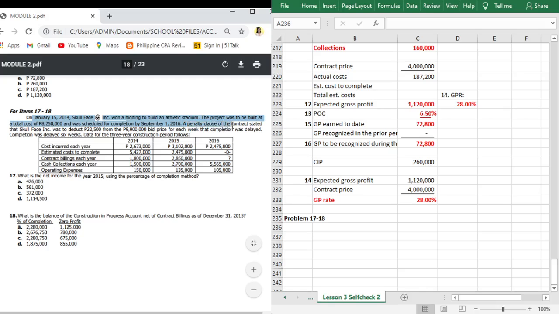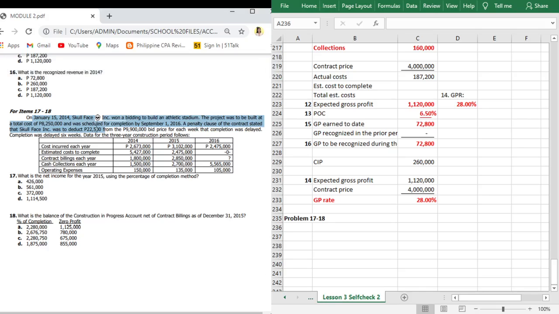A penalty clause of the contract stated that Skullface Incorporation was to deduct $22,500. Okay, so 'di ba? The total cost is $8,250,000 and then there is a penalty clause stated that Skullface was to deduct $22,500 from the $9,900,000 bid price. The contract price is $9,100,000 and then na penalty nga $22,500, madidak na siya.